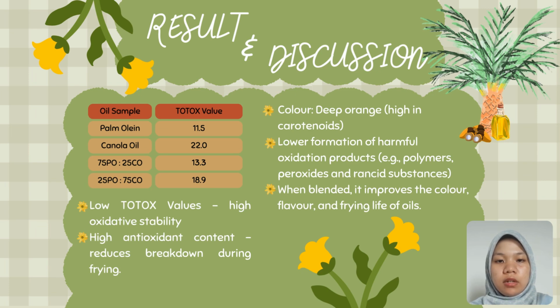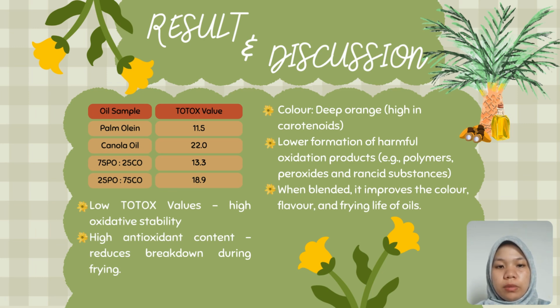Palm oil has high oxidative stability because it is rich in both saturated fat, which is palmitic acid, and monounsaturated fat, which is oleic acid, to help resist oxidation. It also contains tocopherol and tocotrienol, which are natural vitamin E compounds that act as antioxidants and reduce breakdown during frying.